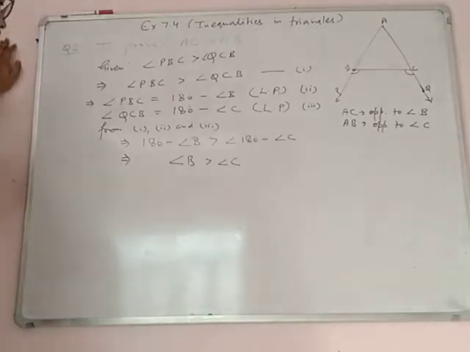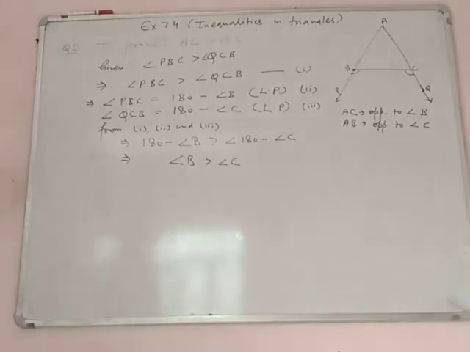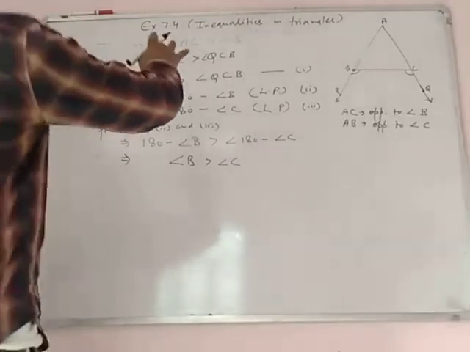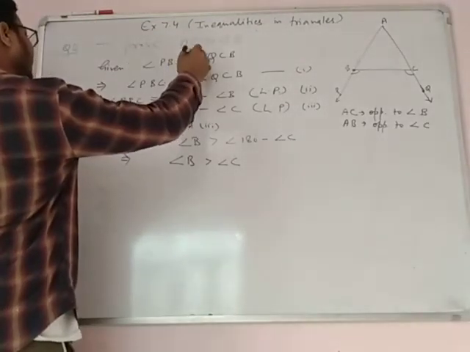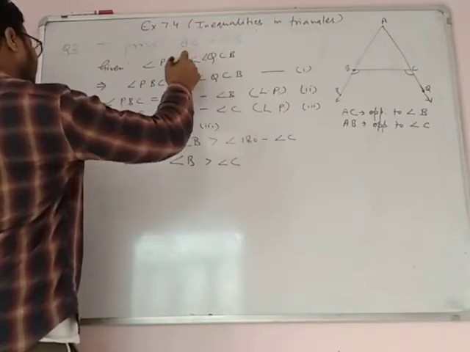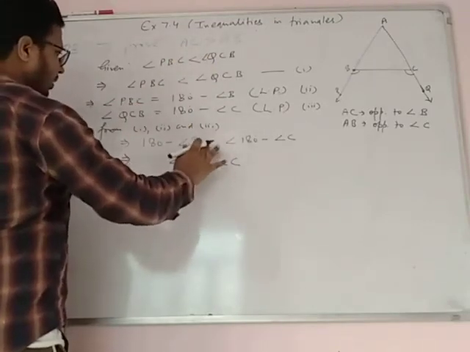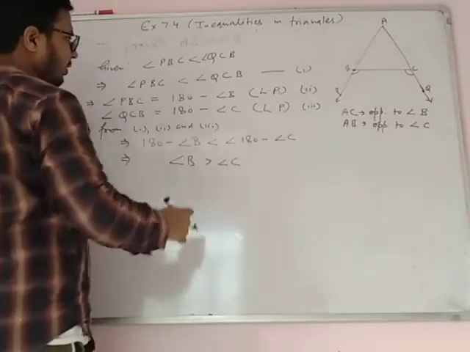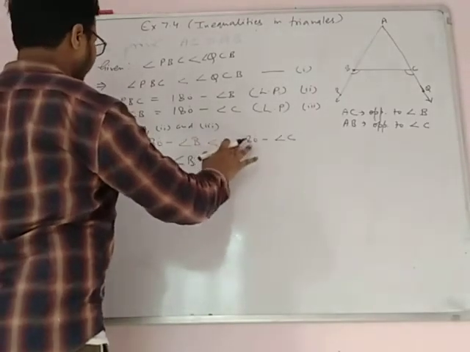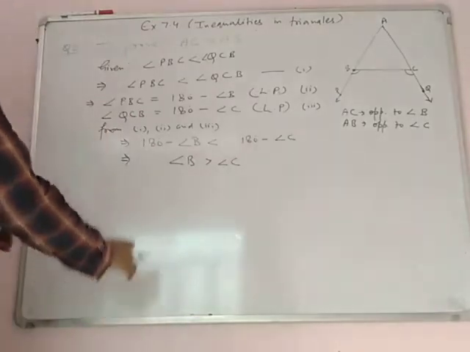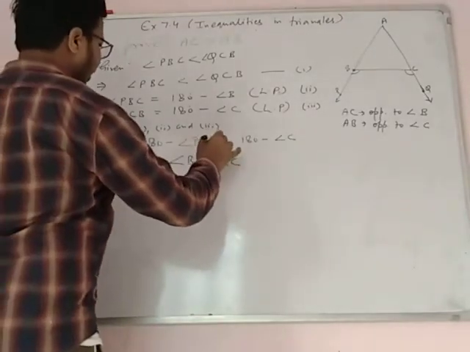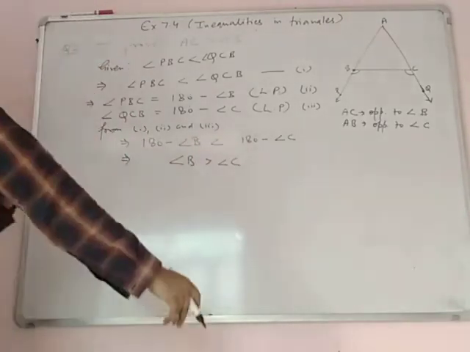So, one. Sorry, here it is given less than. PBC is less than QCB. So it will be less than QCB, and in that case angle B is greater than angle C.